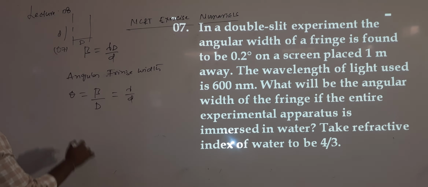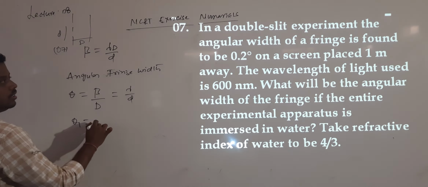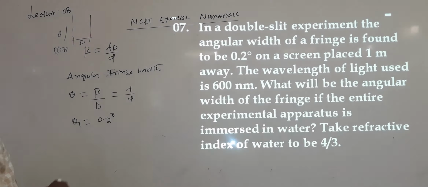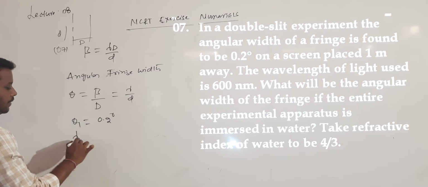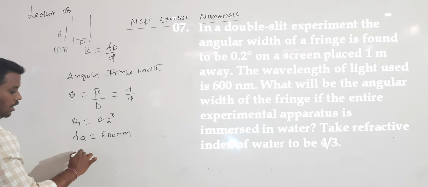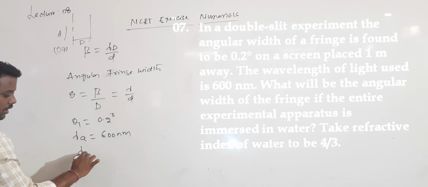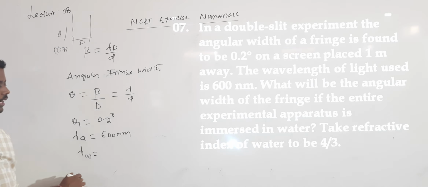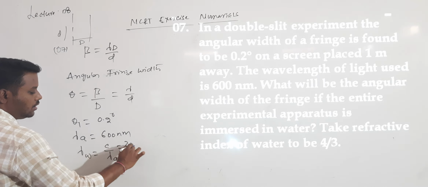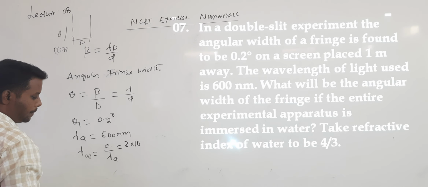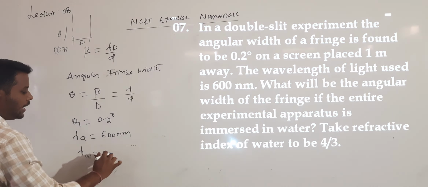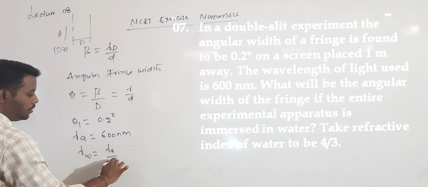First, theta 1 value is equal to 0.2 degrees. The wavelength of light in air is 600 nanometers. Now the apparatus is immersed in water, so wavelength in water is given by C divided by the frequency, or directly I can write lambda A divided by mu.